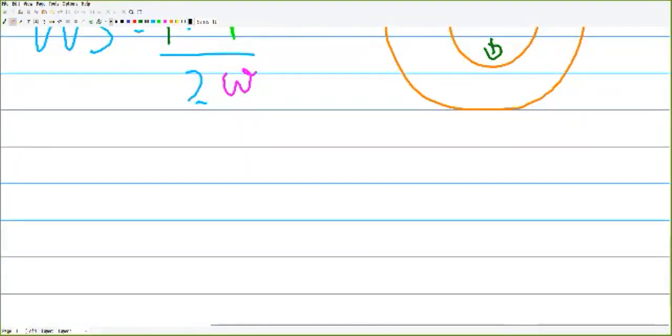Okay, so the wall thickness doesn't change too much, right? Because the heart doesn't change, right?